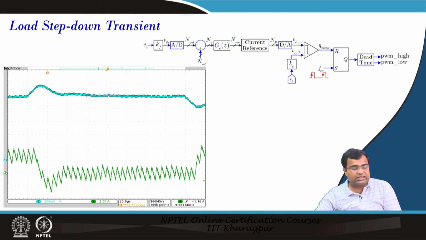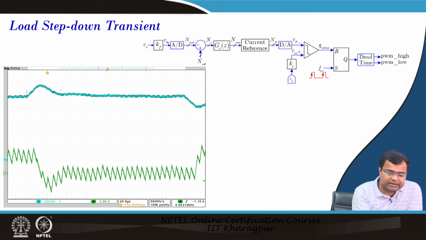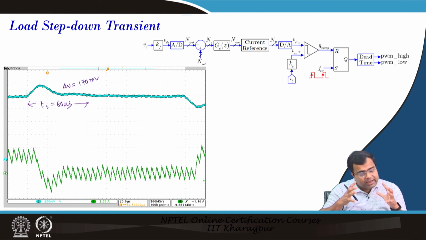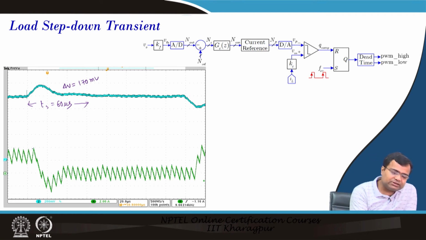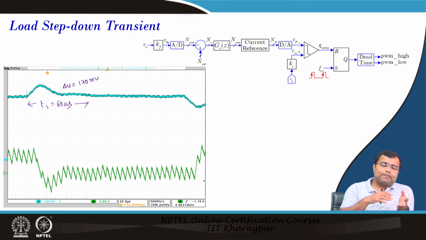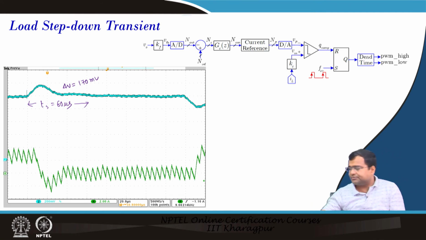For the load step down transient, we again get an overshoot of roughly 170 millivolt, and the settling time is around 60 microsecond. We will discuss design aspects by which we can shape the transient response later, but this seems quite good and fast, because you see the current is ramping down fast. This overshoot is something you have to accept, because the load has gone down. You will have excess capacitor charge, and that has to be discharged by the inductor.